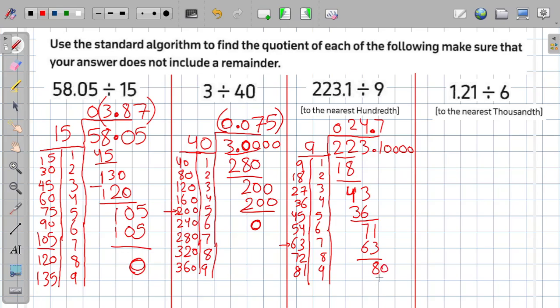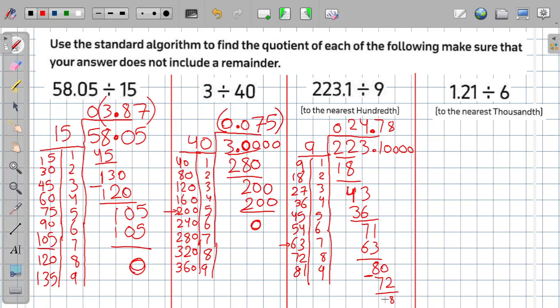So I have 80. 80 divided by 9. I think 80 is not in the timetable of 9. So what can I do? 80 is between 72 and 81. So I will take 72. 72 divided by 9 equals what? Equals 8. And 80 minus 72 equals 8.